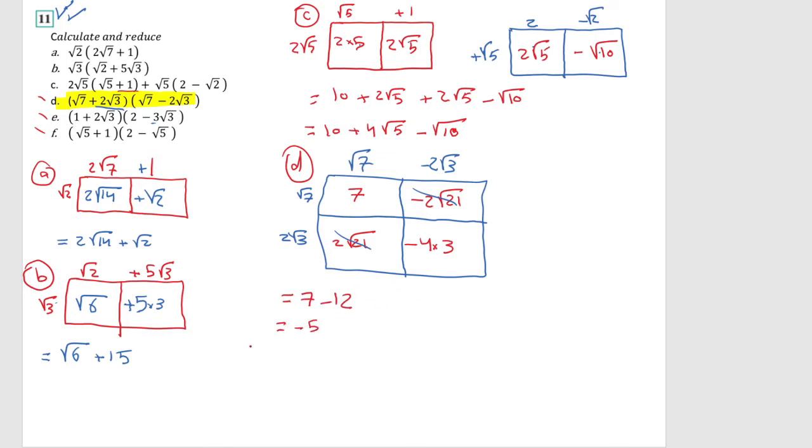Part E. One plus 2 radical 3 into 2 minus 3 radical 3. I wrote all of part E a moment ago.